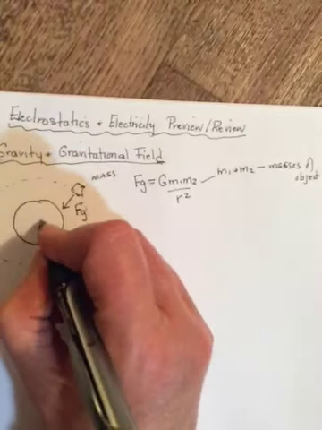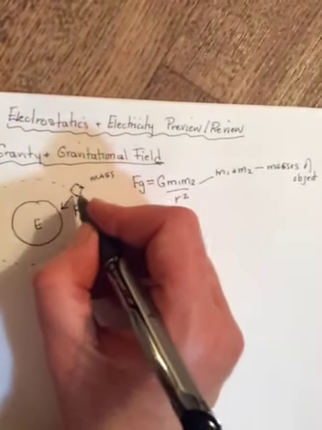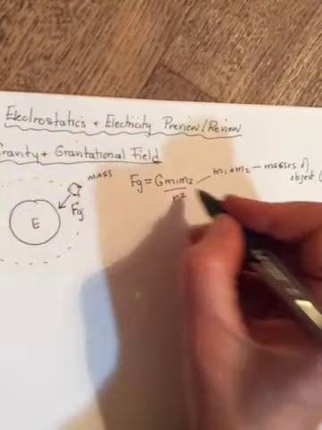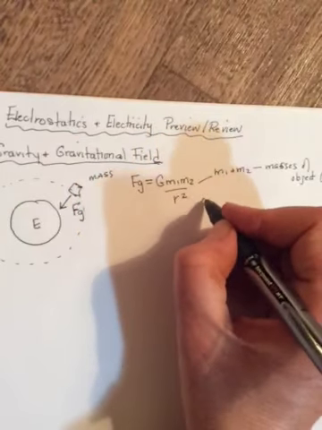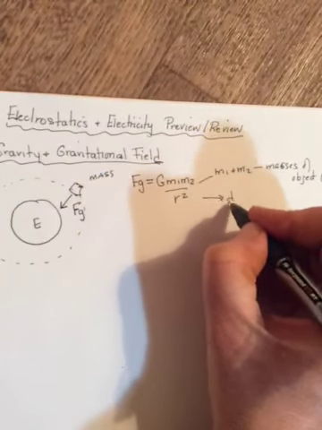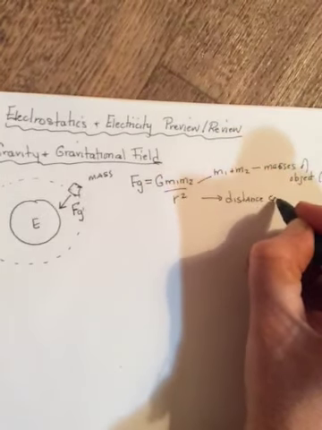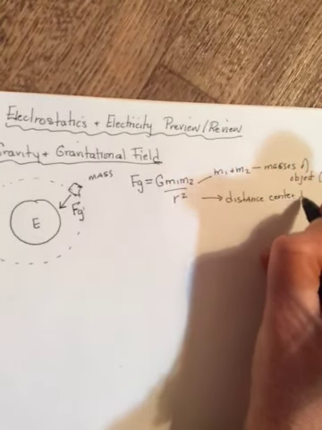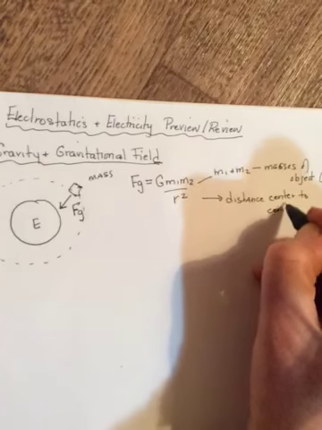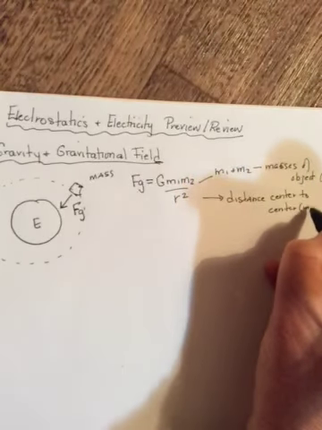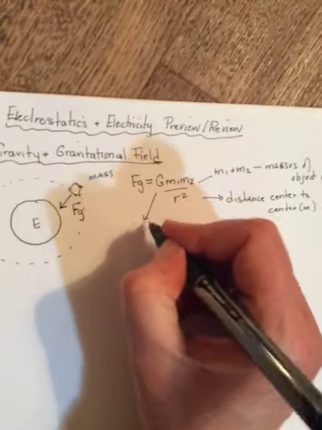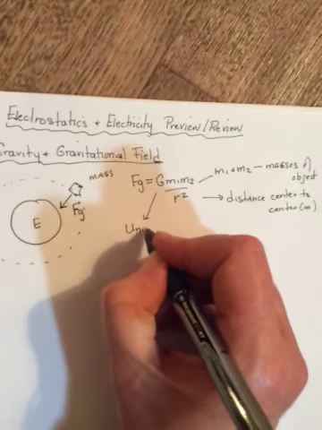So if this is the Earth and this is a space station or something, it'd be those two masses. r is the distance from the center of one to the center of the other, measured in meters. And G is the universal gravitational constant.